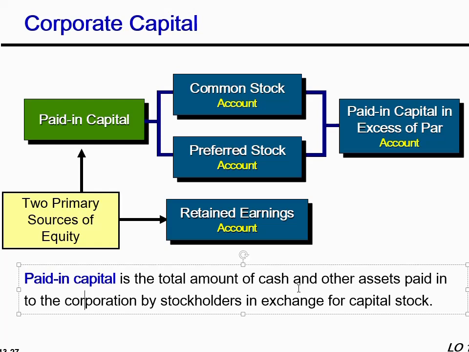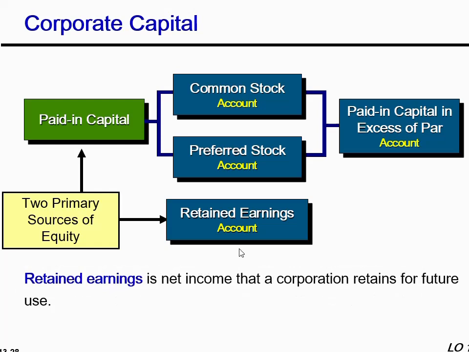So for example, some shareholders pay cash to get the shares of the company. Some shareholders give assets like a building or something like that to purchase the shares of the company. So whatever considerations, either it is cash or other assets, the combined amount is mentioned in paid-in capital.